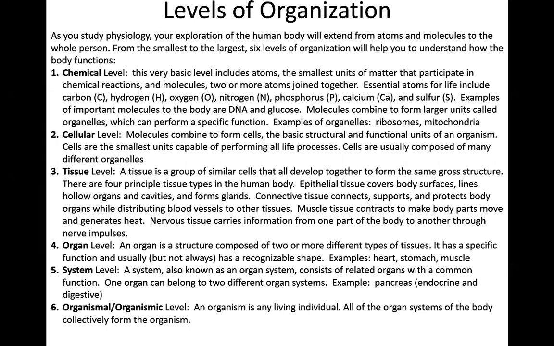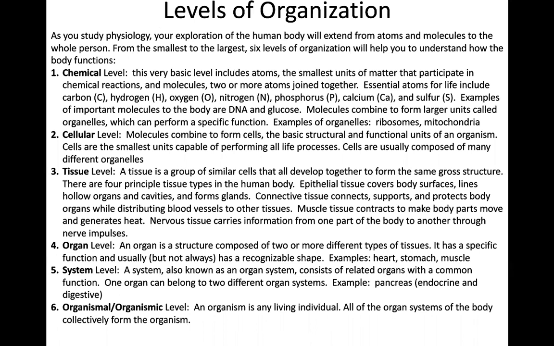In some cases, that's the organism, like the bacteria in our gut. 1 cell, that's it. That's their highest level of organization. And we can describe cells as the smallest units capable of performing all life processes. We'll talk about those life processes here in a minute. And they are composed of many different organelles, as I was just mentioning.